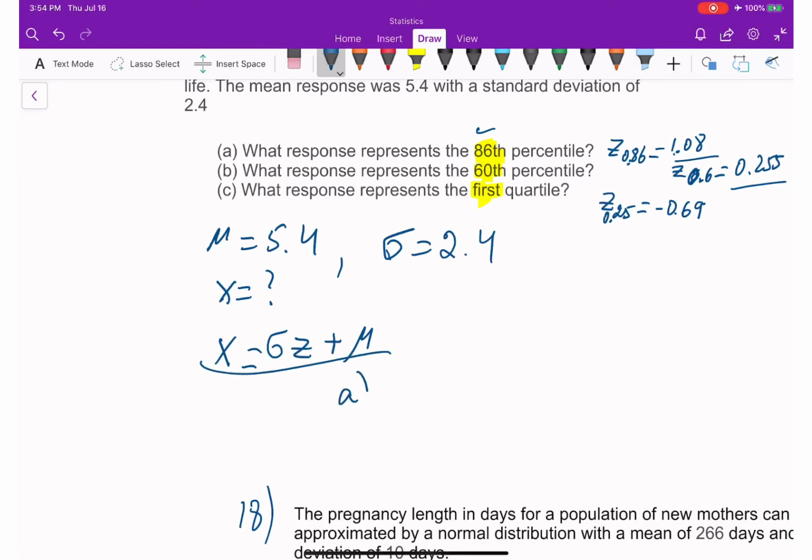A is going to be 2.4 times the z-score, 1.08. I'll put multiplication like this. And plus, because this is multiplication here, plus mu, 5.4. And the result is going to be 7.99. Next one.